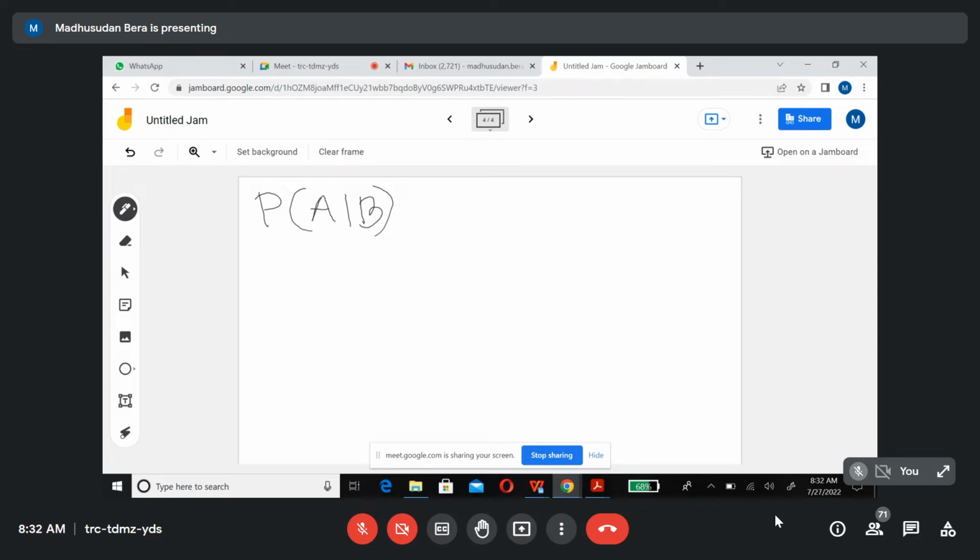Assuming the event B has occurred, we will find the probability of A. That is P of A given B. We read this as A given B. So B is given, that means B has already occurred. Then we will find the probability of A. That is the meaning of P of A given B. Is that okay?